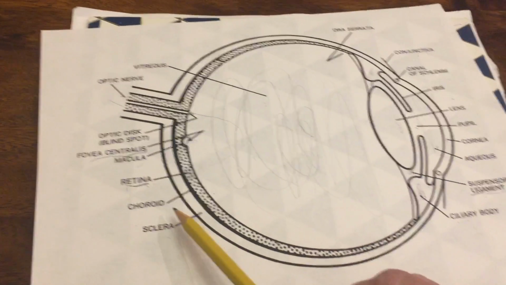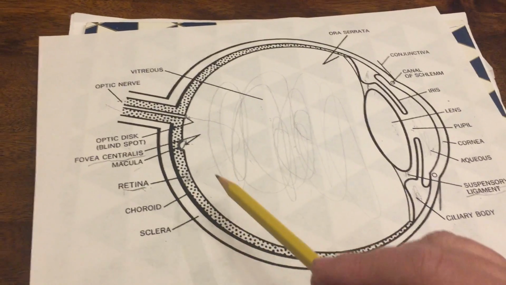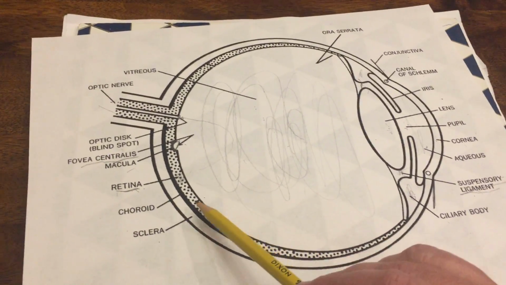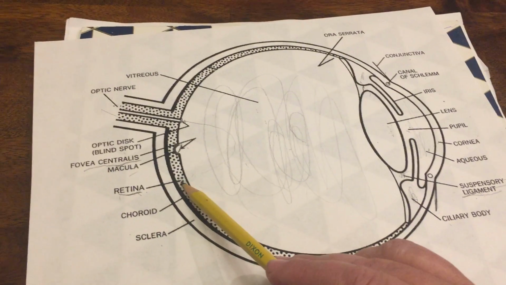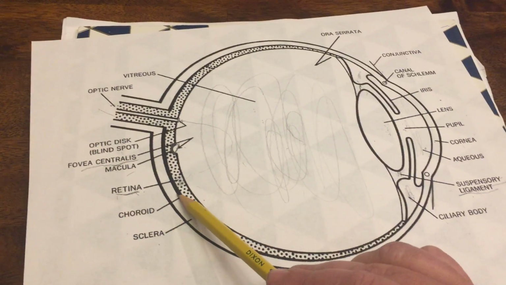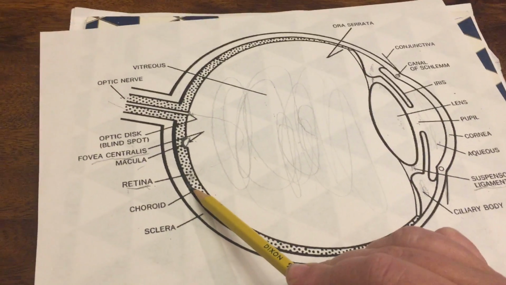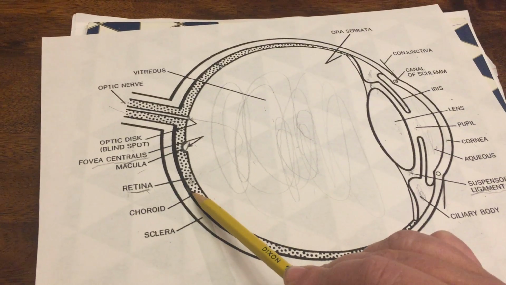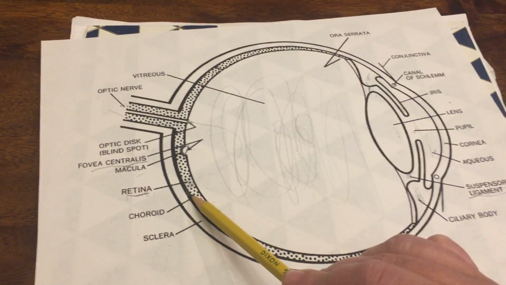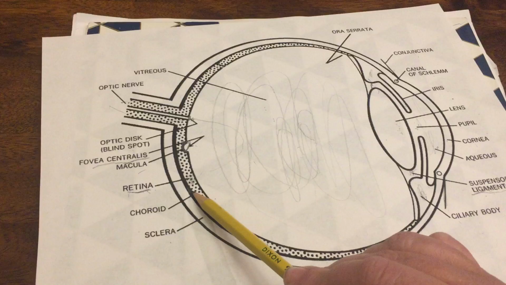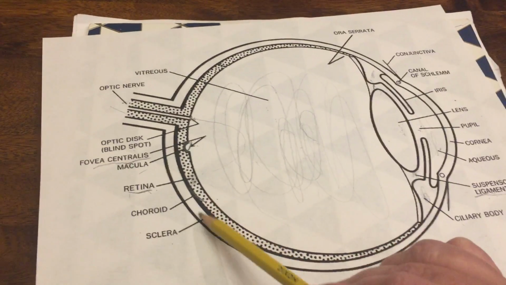Then we go to the choroid. It's a layer between the retina and sclera. So it's right here. And this is a layer, it consists primarily of the blood vessels, which provides the nutrients to the retina.